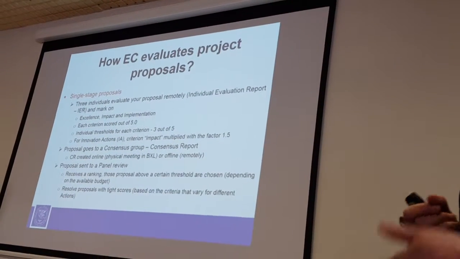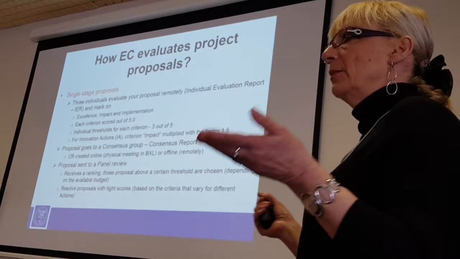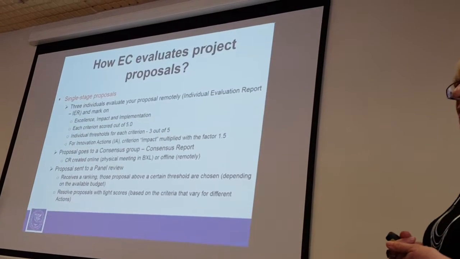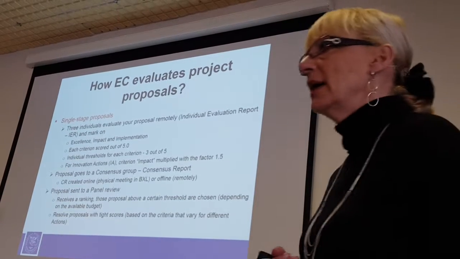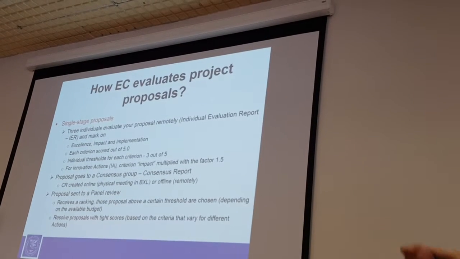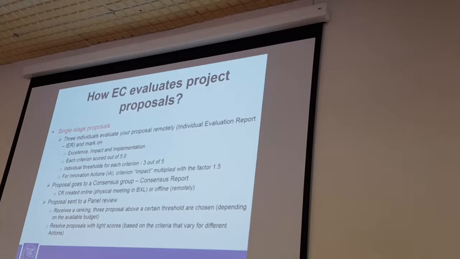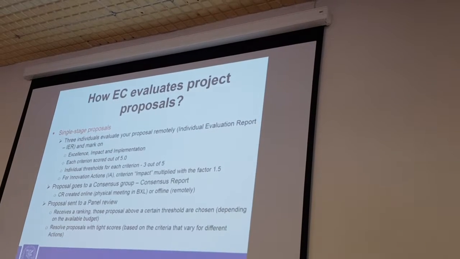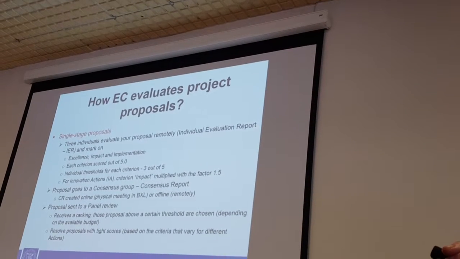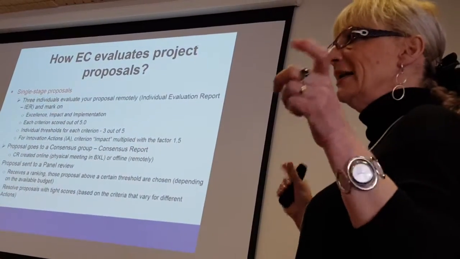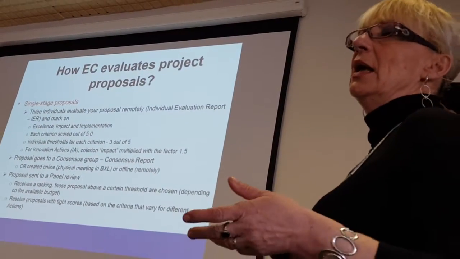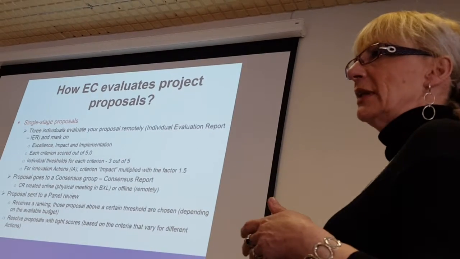There are also some cases when project proposals have the same scores, and the panel then has to resolve proposals with tight scores. There are also criteria defined by the Commission on how to resolve projects with identical scores, and it can be different for different types of actions.